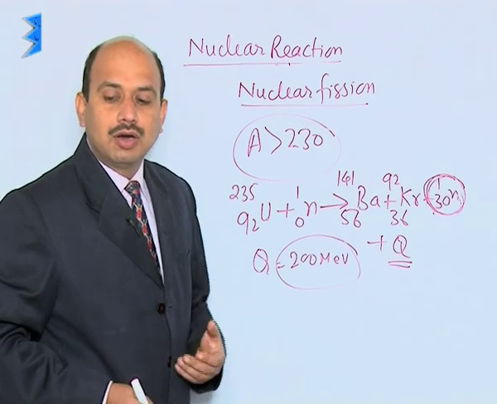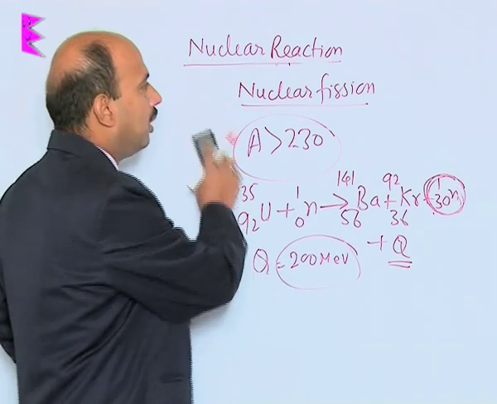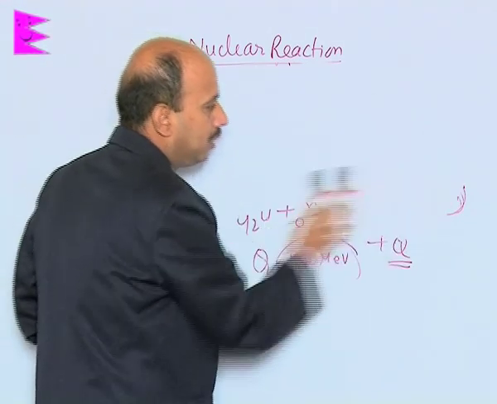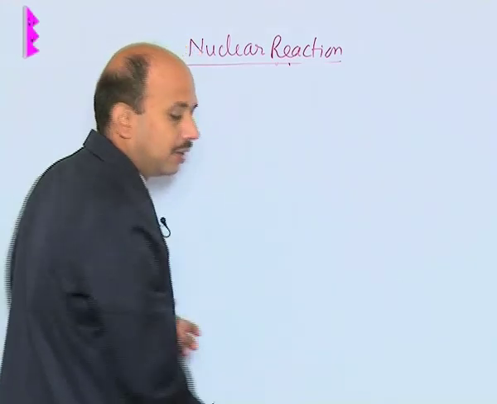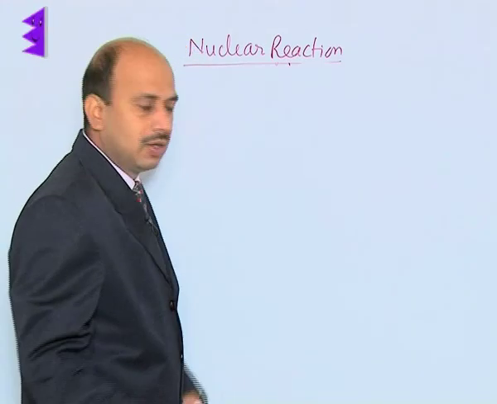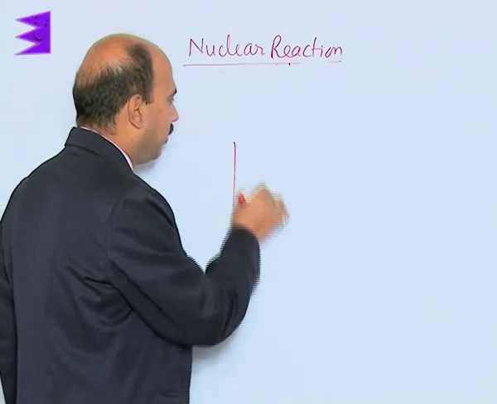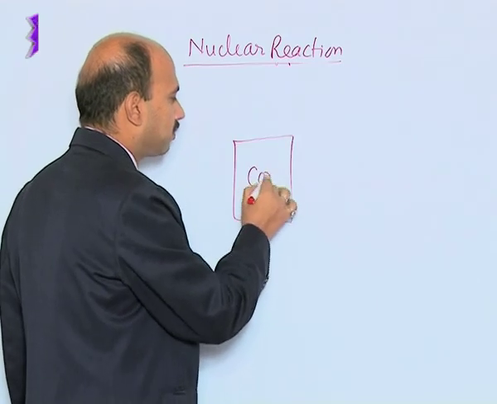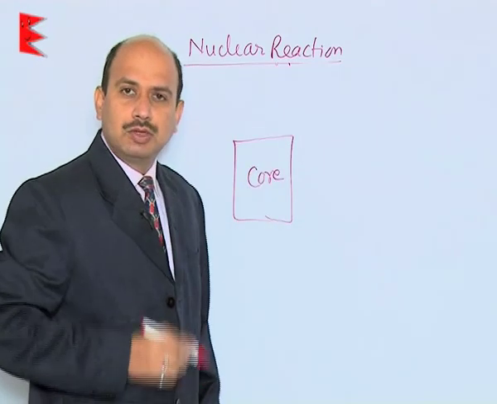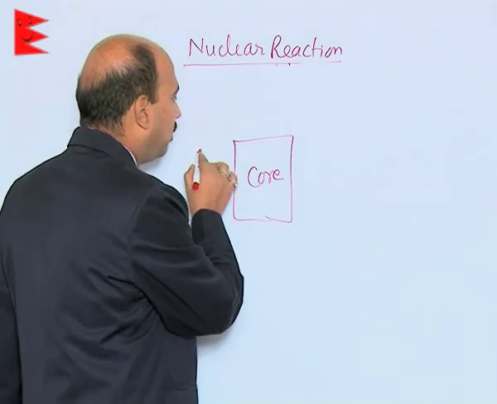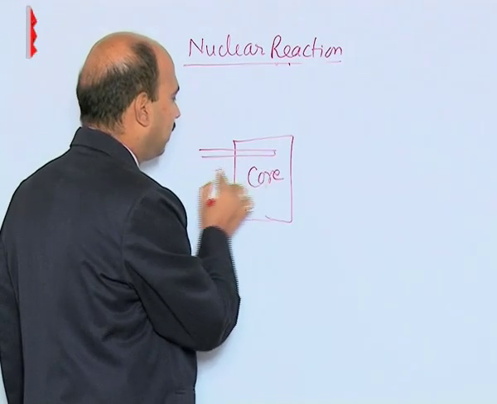Now let us see the schematic diagram of the nuclear power plant. How do we use nuclear fission reaction for generating power in a nuclear power plant? First, a core is taken here. In the core, uranium fuel is placed and inside the core the rods are placed like this.